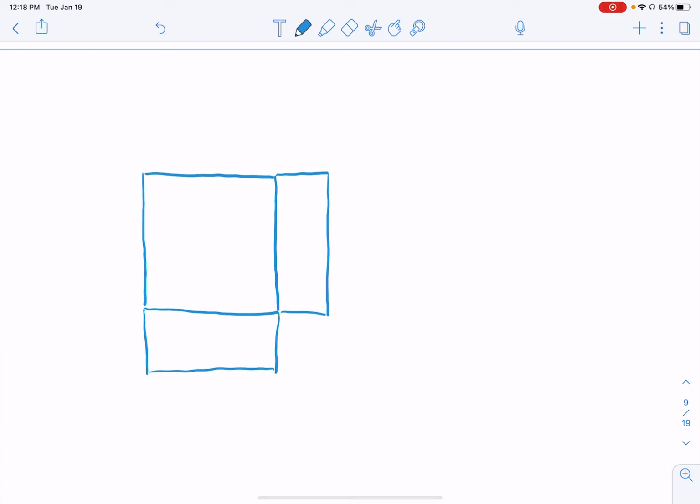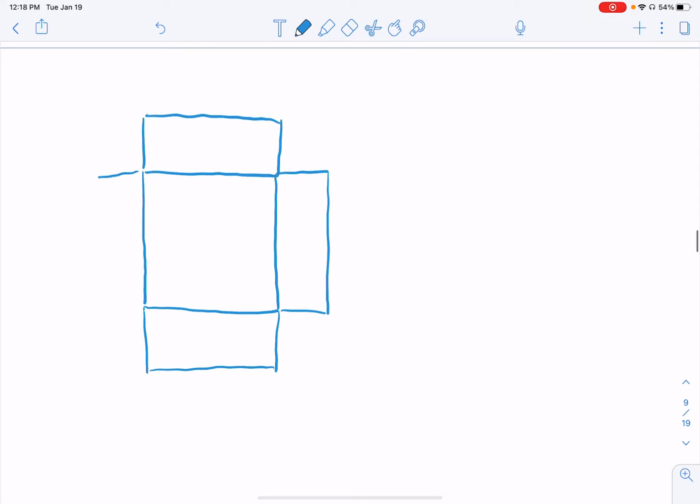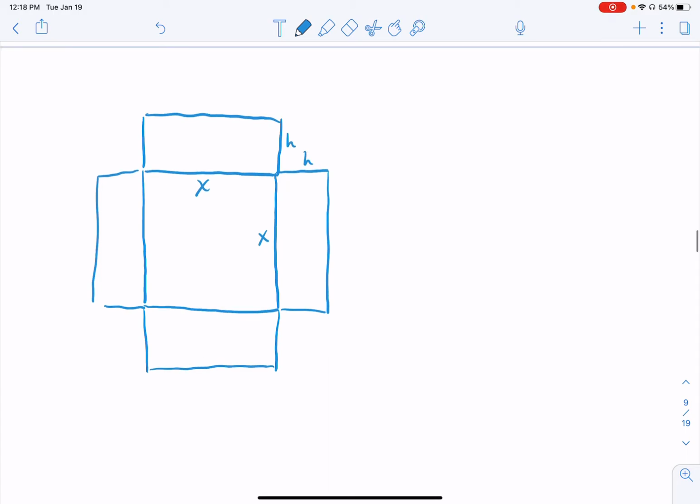So it's sort of like the one that we made for Lee J. Monroe, except we didn't start off with a piece of paper and cut out little edges. Okay, so I do know that this is an x by x here, and these little things are h's, all right? And we want to maximize the volume.